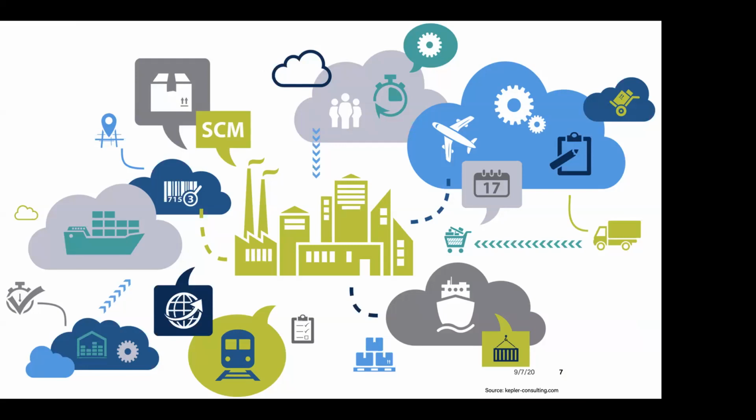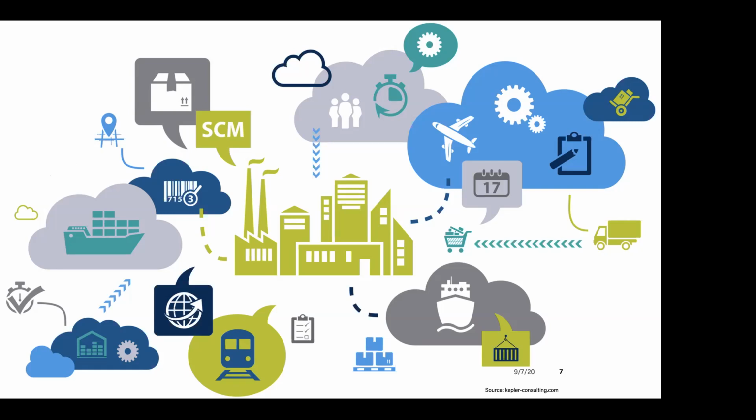I'm still using manufacturing as an example, but we have the materials that could come on plane or boat or train. We have the tracking mechanism so that we know where things are in a process. That's, you see barcodes and SCM, that's supply chain management, which is a subfield of industrial engineering.